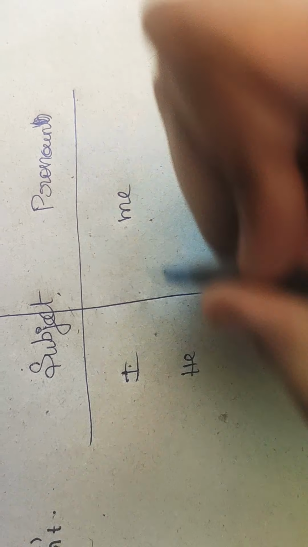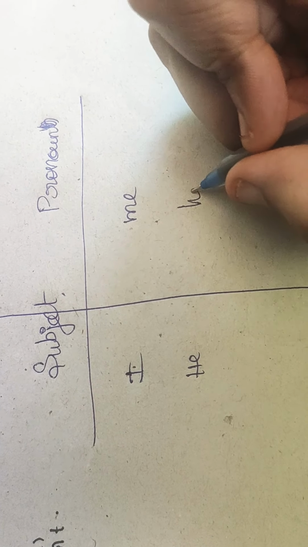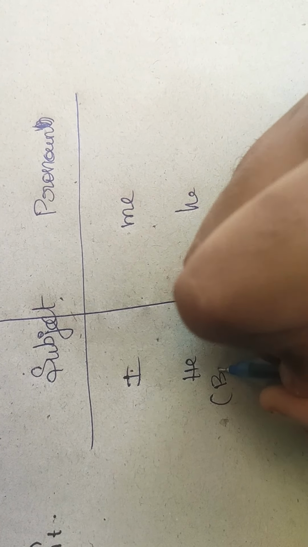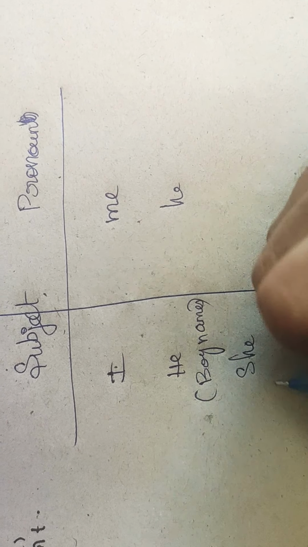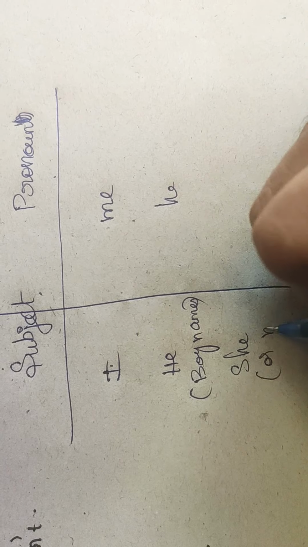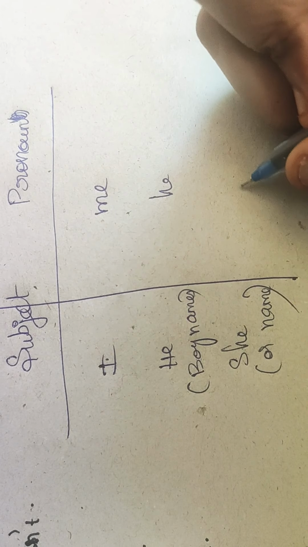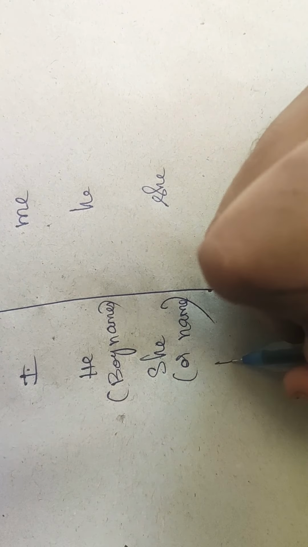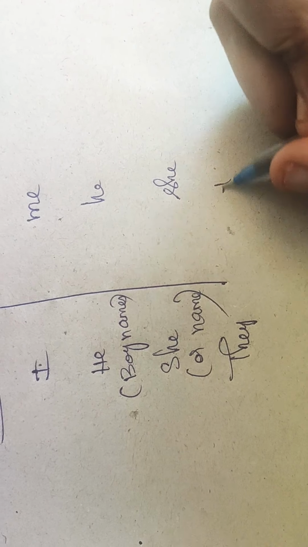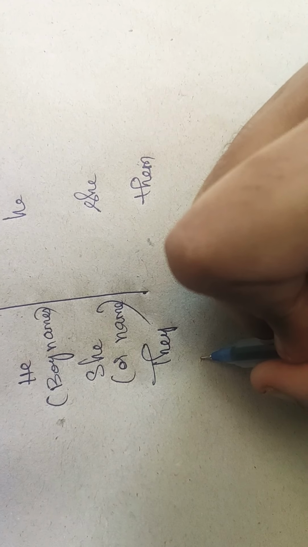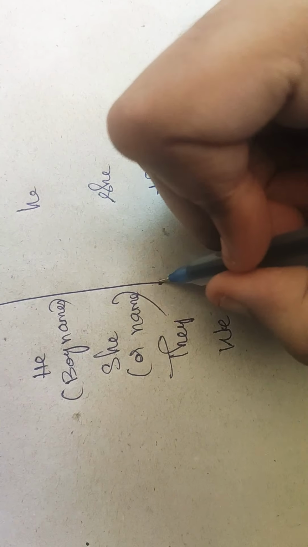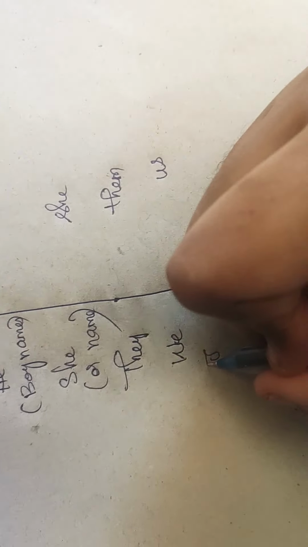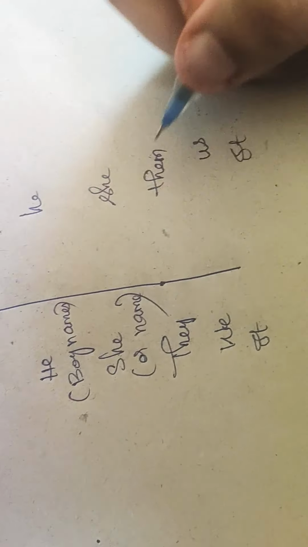If it is he, you put he, or any boy names. If it is she or a girl's name, you put she. Next, if it is they, you put them. If it is we, you put us. If it is it, you put it only.